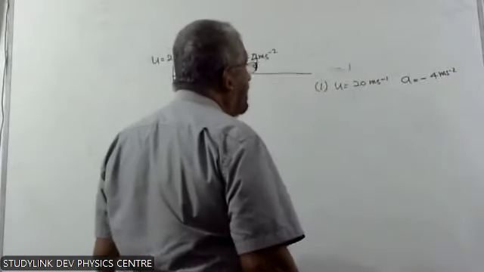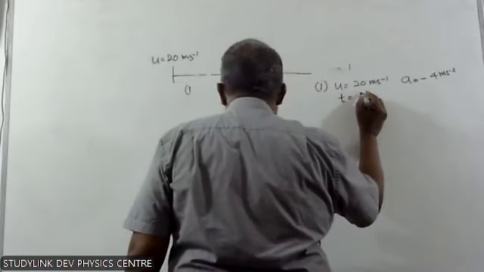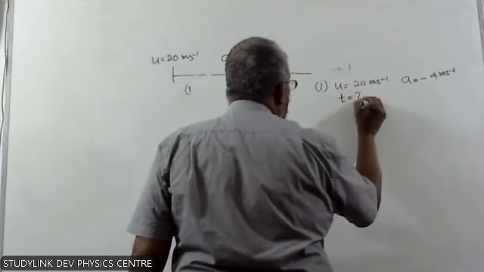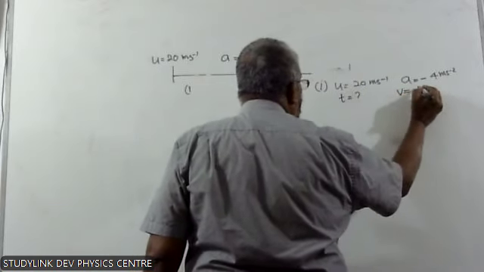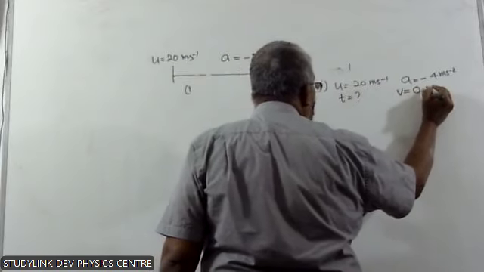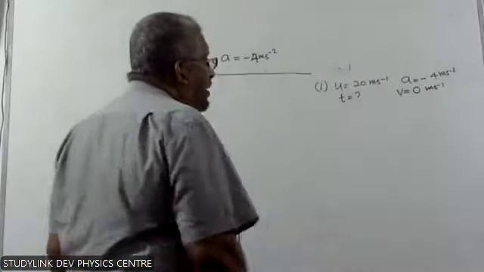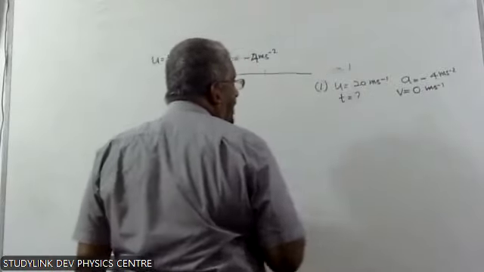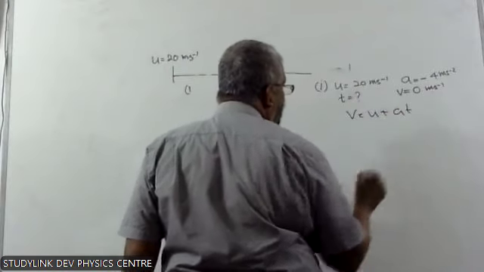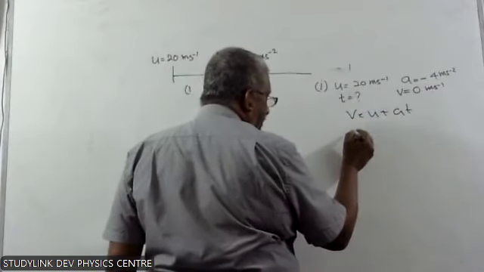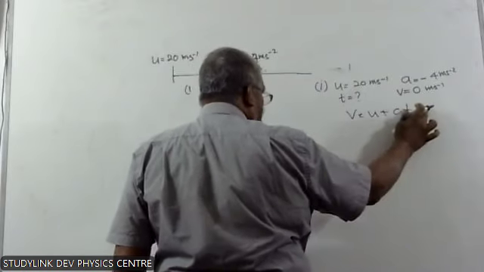I'm asking the time taken to come to rest, so this is to be found. But remember, the final velocity is 0 because it comes to rest. Then u, a, v, t. The equation is v equals u plus at. Then correct substitution. This is the correct equation, and for that you get marks.